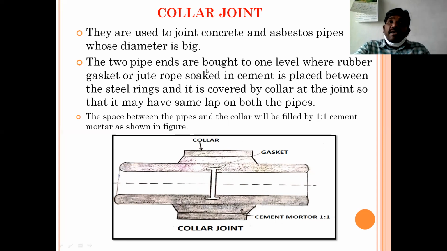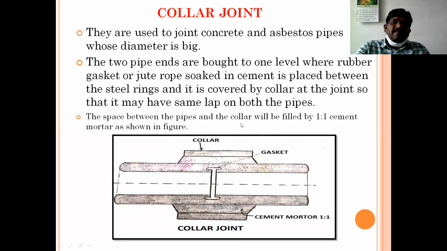The two pipe ends are brought to one level, where one rubber gasket is used to keep between them. See here, rubber gasket or jute rope soaked in cement. Jute rope soaked in cement is placed between the steel rings and it is covered by the collar, so that it has the same lap on both the pipes.